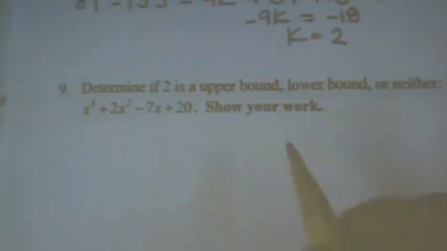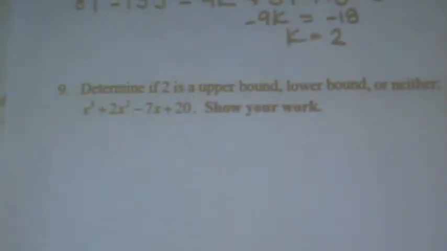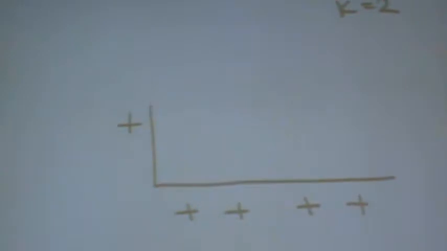Next, determine if 2 is an upper bound. First of all, when you test a positive number outside and you get all positives, that's an upper bound. So can a positive number be a lower bound? No. A positive number is either going to be an upper bound or neither.